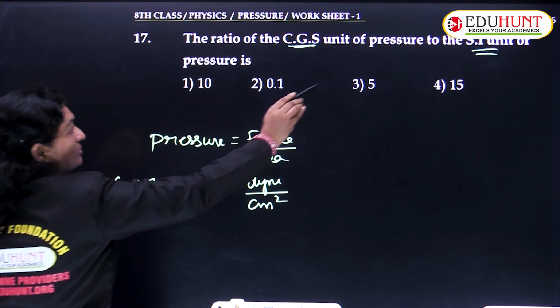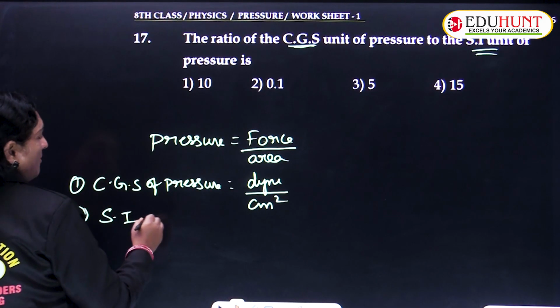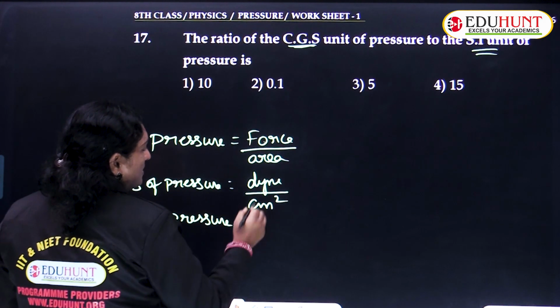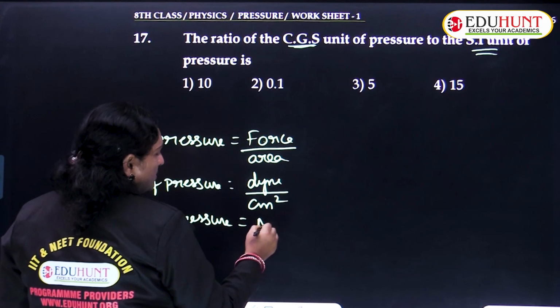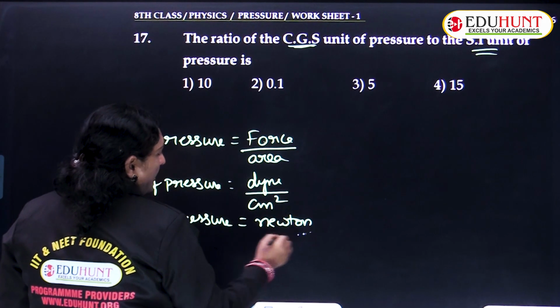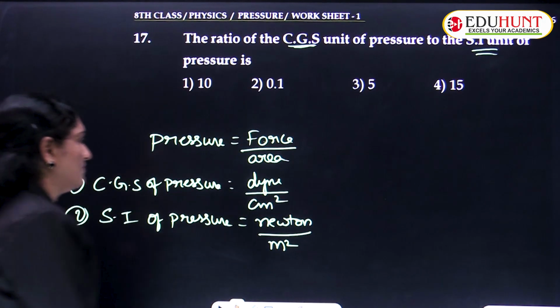Now again you have to find the SI unit of pressure. In SI, force is measured in Newton and area is measured in meter square. So you have to take the ratio of the two.